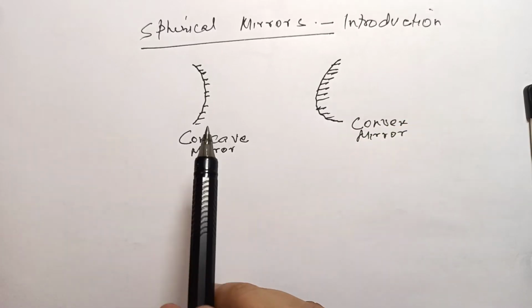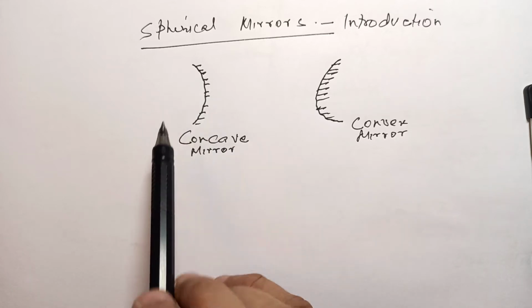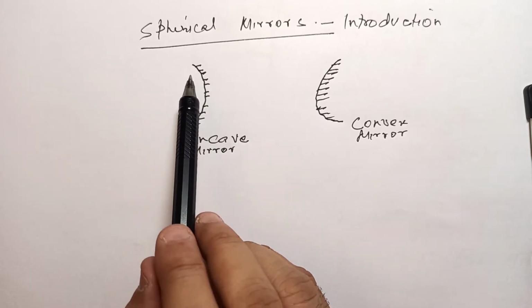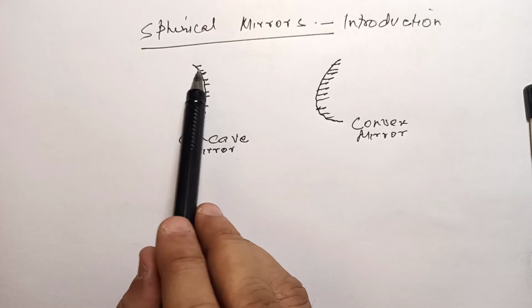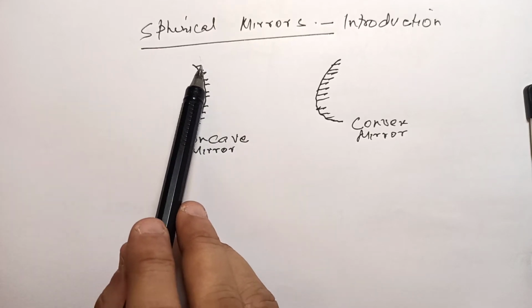So I repeat, concave mirror is what is cave. Cave is something which is going inside, right? So let's draw something going inside and then we paint it from outside, not from the cave-in portion, but from the outside.